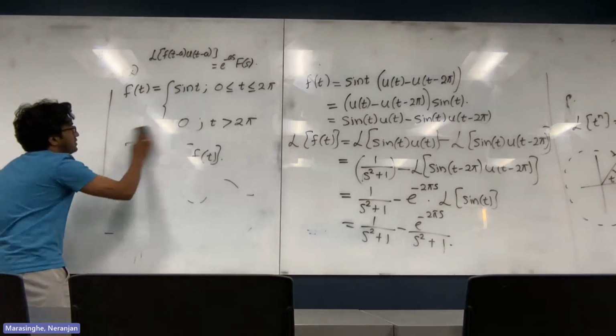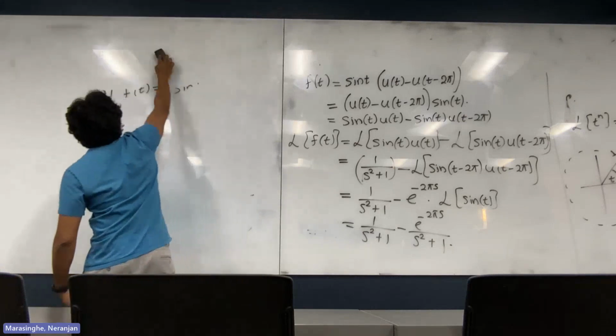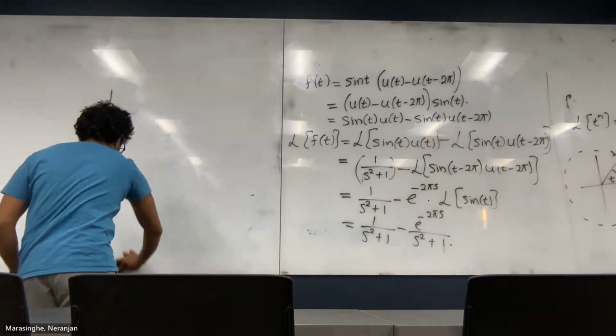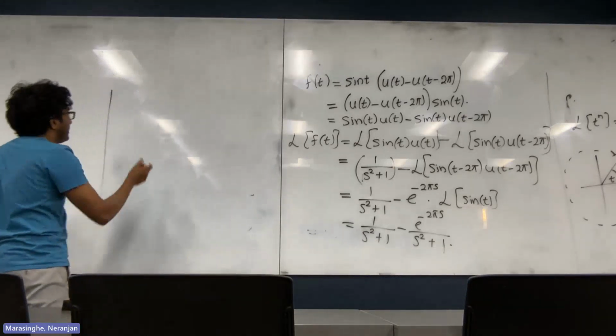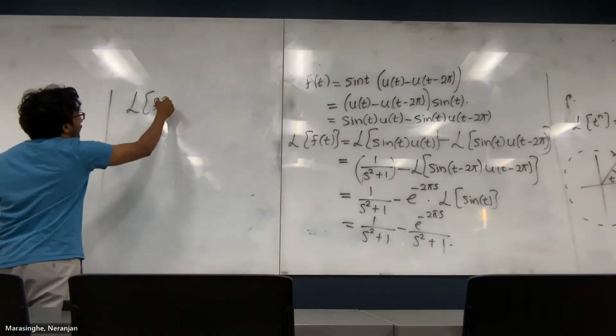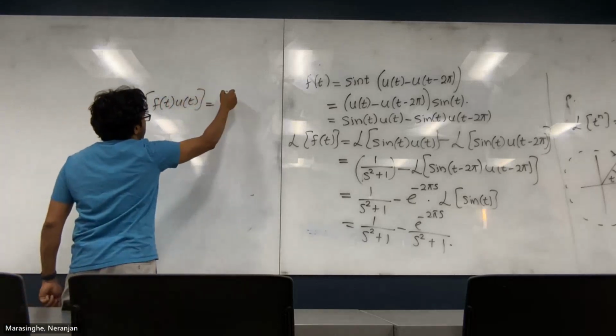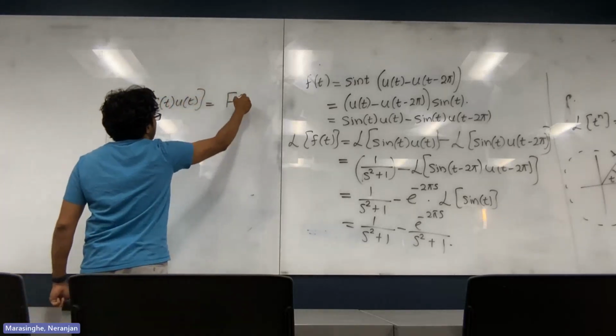Another way to remember the second translation theorem is this. I'll show you that way also. Suppose you know the Laplace of f(t) times u(t) is F(s).